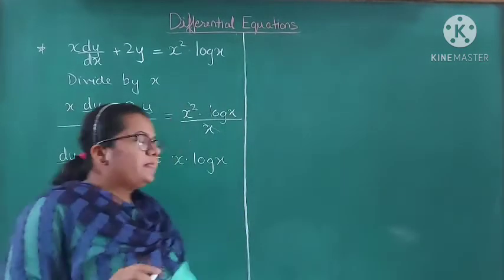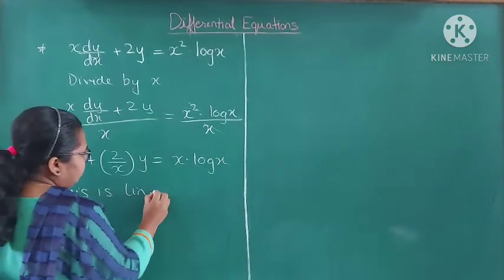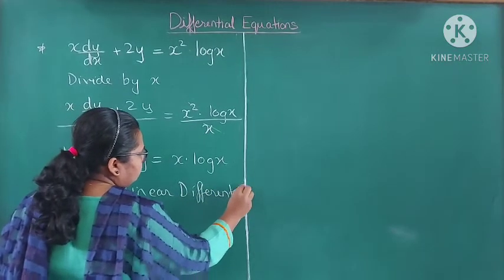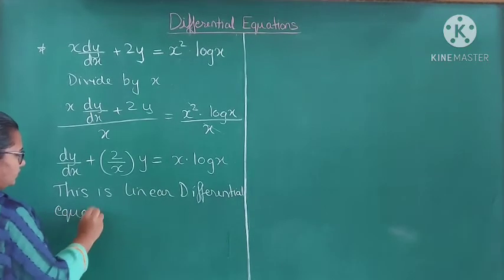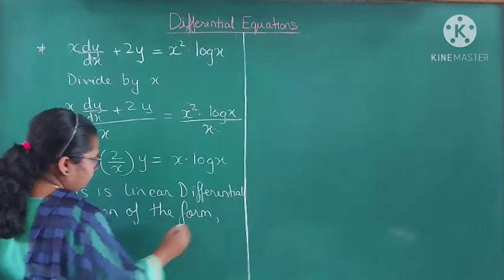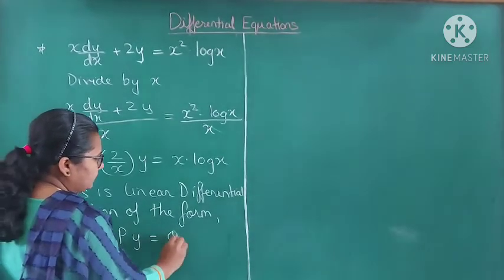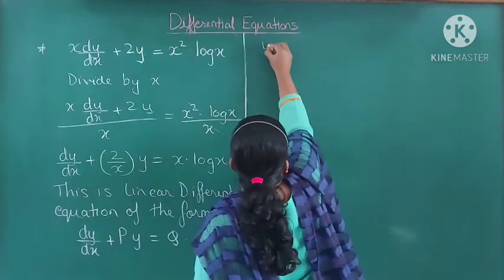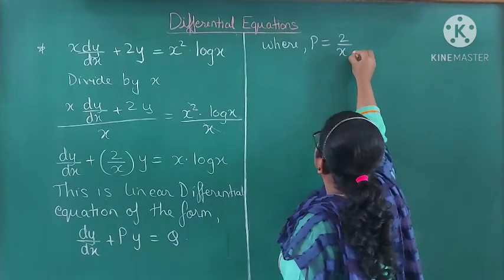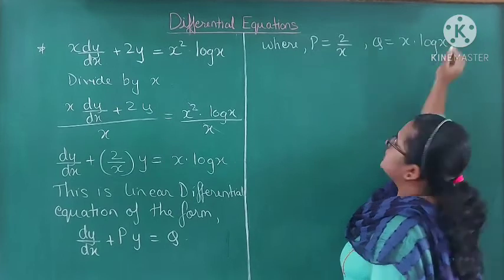So this is a linear differential equation of the form dy by dx plus p into y is equal to q, where p is equal to 2 upon x and q is equal to x into log x.